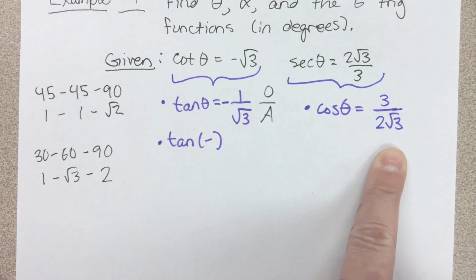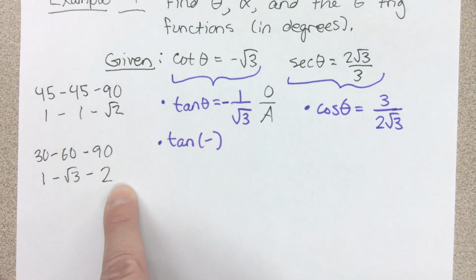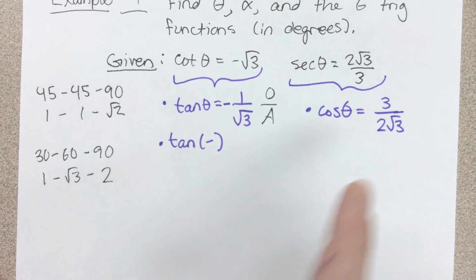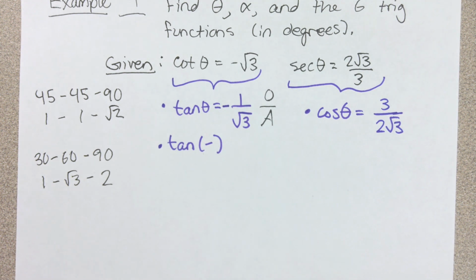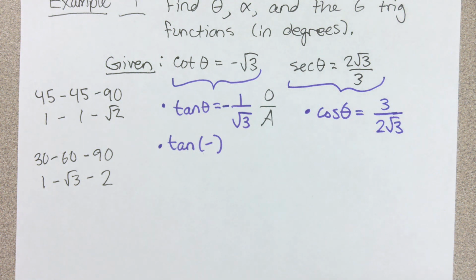But if you go off of the cosine number, this does not fit either of these triangles. So it'd be more helpful if we could fix that. So let's rationalize that denominator to get rid of it and see if that will fix the problem.